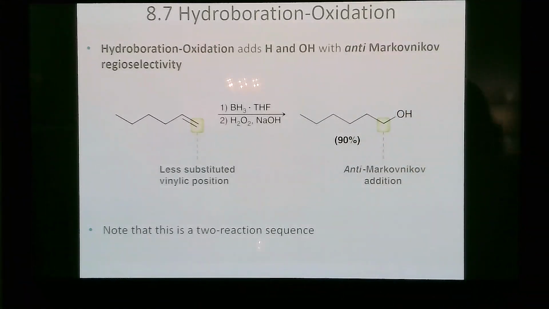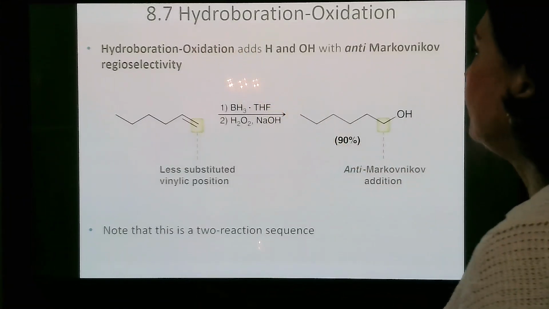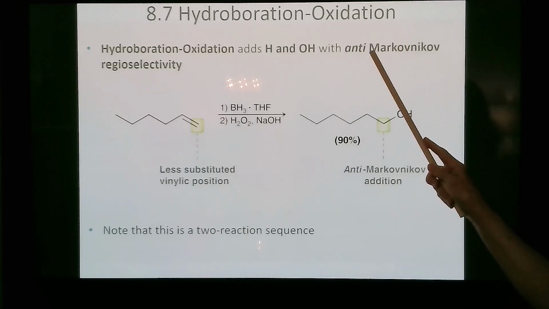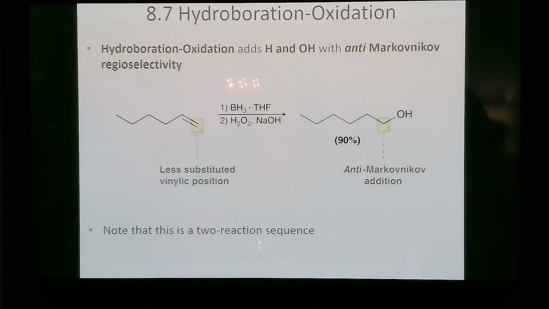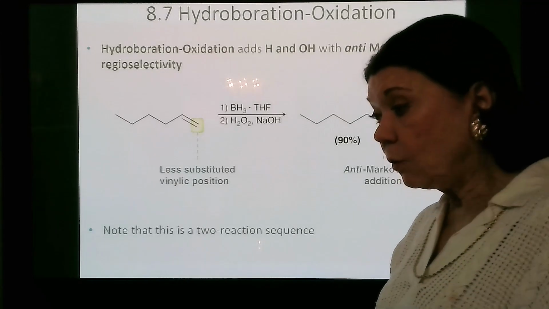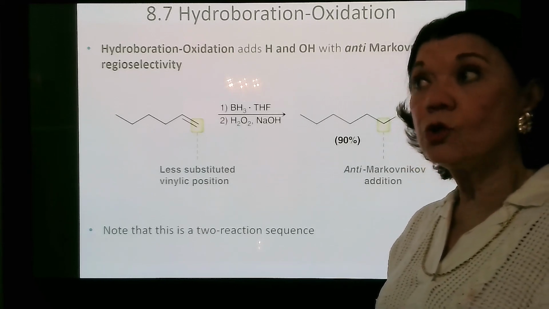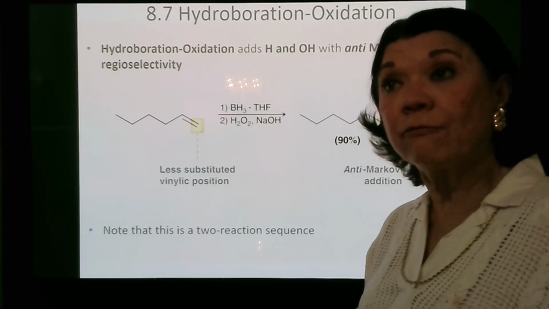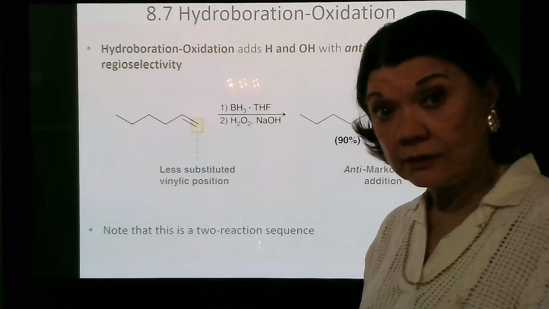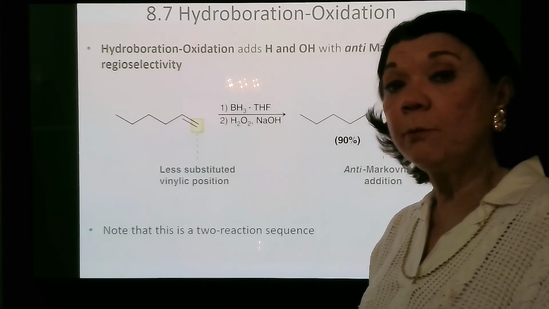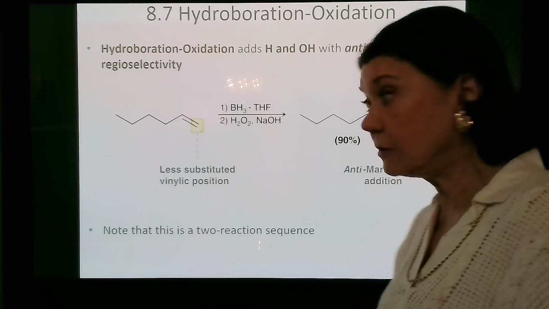And now you're going to have hydroboration oxidation to give the anti-Markovnikov product. So you've got 3 different procedures that have different synthetic uses. They're valuable differently in synthesis.